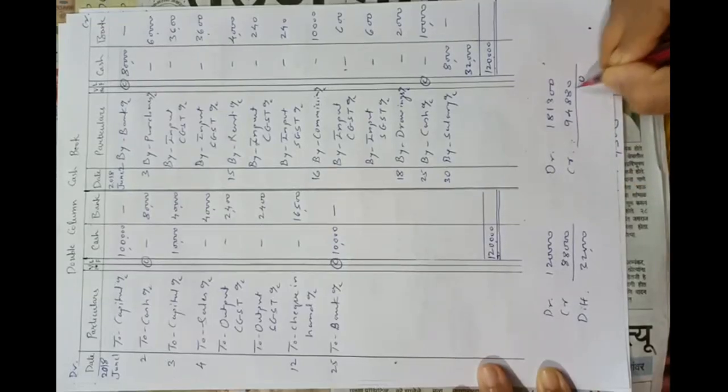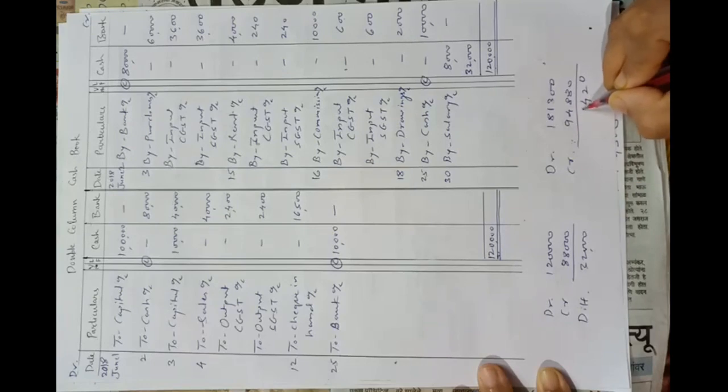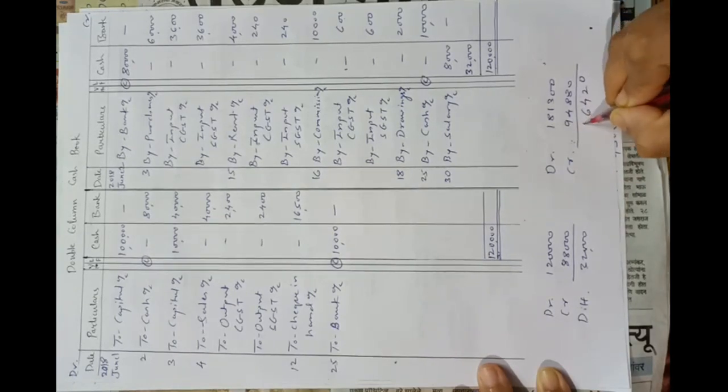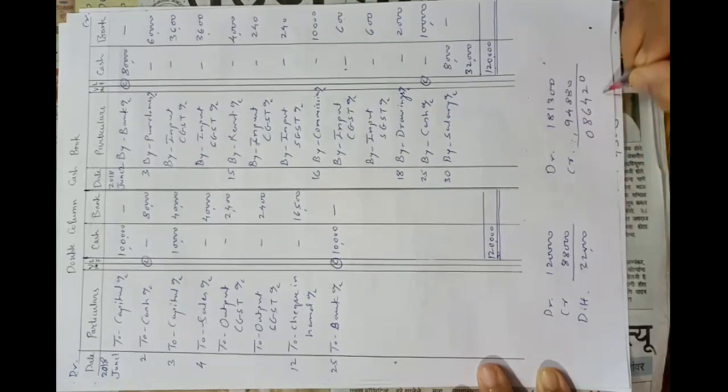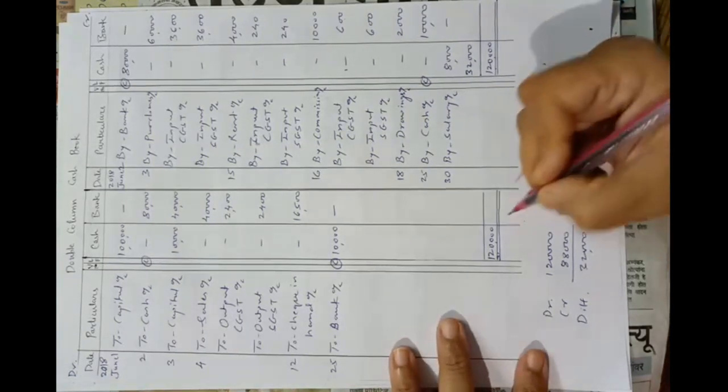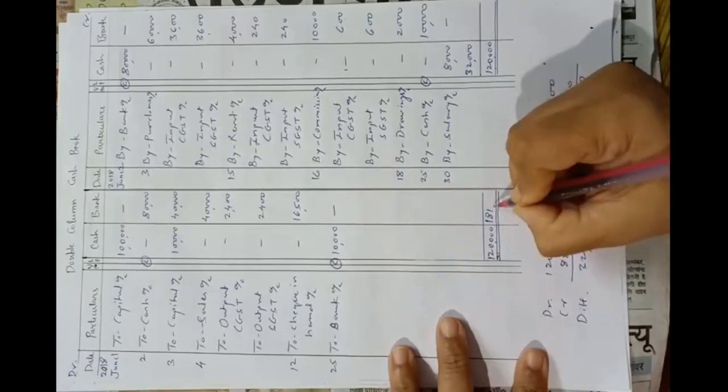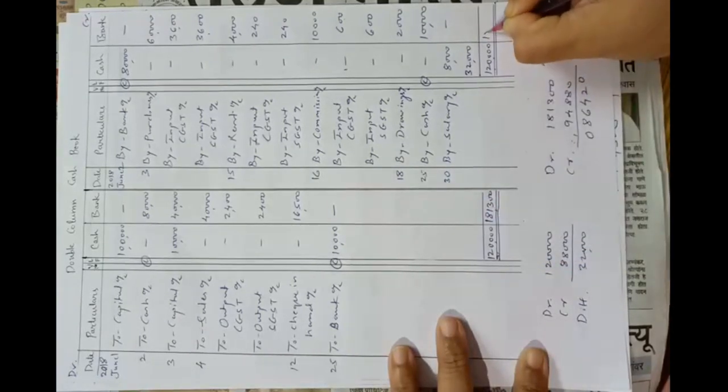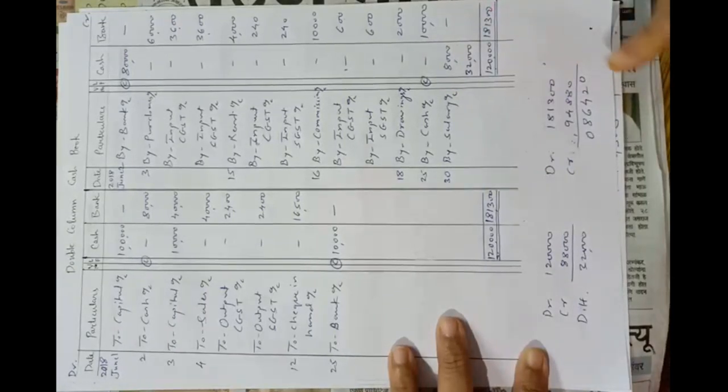So the difference is 86,420. So 1,81,300 and the balance is 86,420.